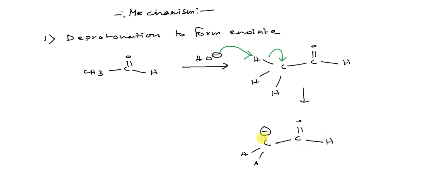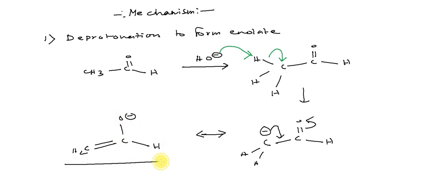This carbanion is highly stable because it can conjugate with the adjacent carbonyl group, and it can form this enolate ion. So this is the enolate ion. This is the first step when the enolate ion will form.